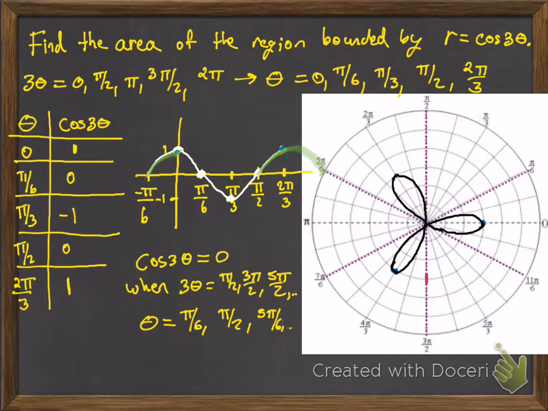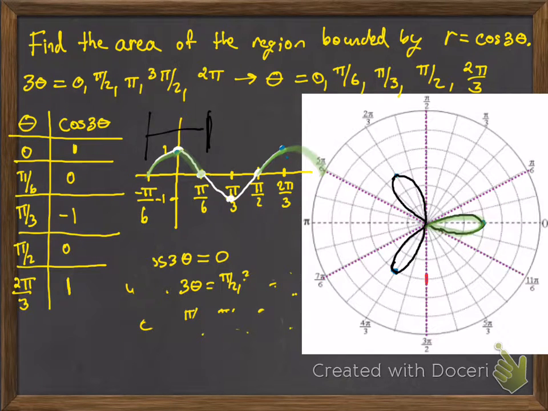Now I end up talking about how to go with those limits of integration, and the key is looking at this part right here, and that part corresponds to that part of the rose petal. Okay. All right.